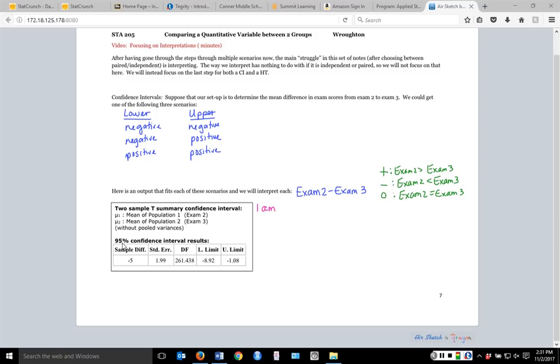So I'm going to be able to say that I am 95% confident that the mean exam 2 score, because that's what I started with, is between, I'm going to pause there for a moment.